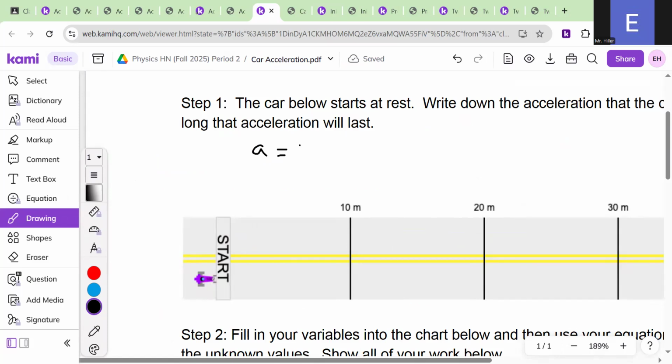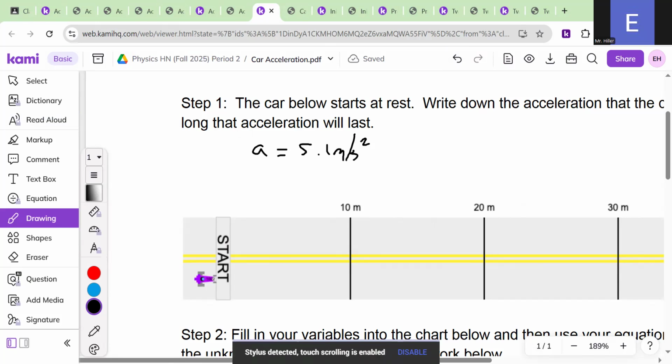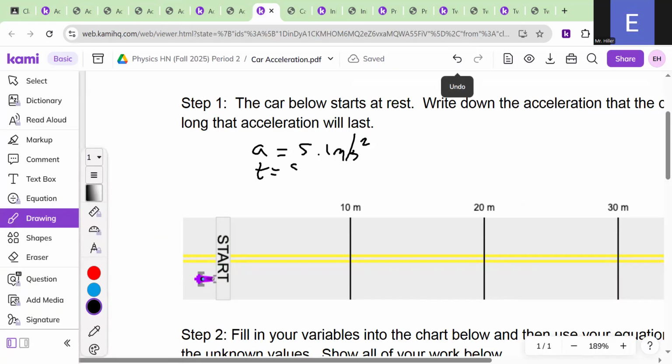A is going to be 5.1 meters per second squared, and my time was 5.4 seconds.